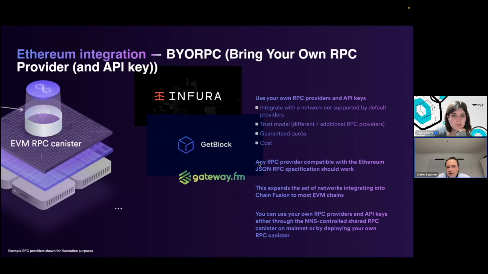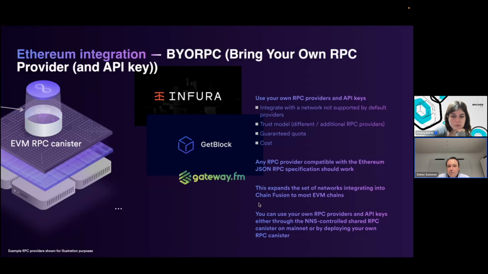So any RPC provider that's compatible with the Ethereum JSON RPC spec should work with this approach. So that's pretty powerful because it can give us a wide range of integratable chains. And essentially every EVM chain that has a provider should work. We haven't tested all of them, but it should work.